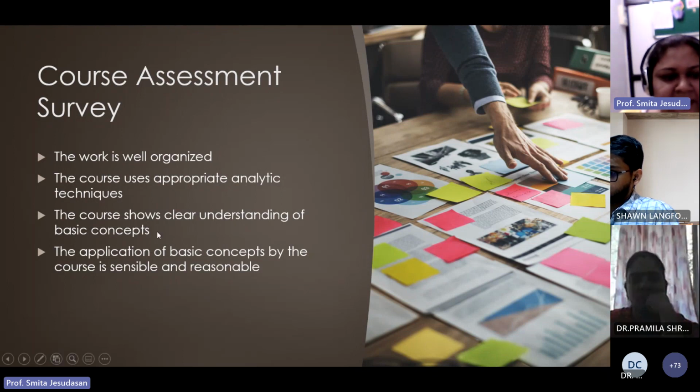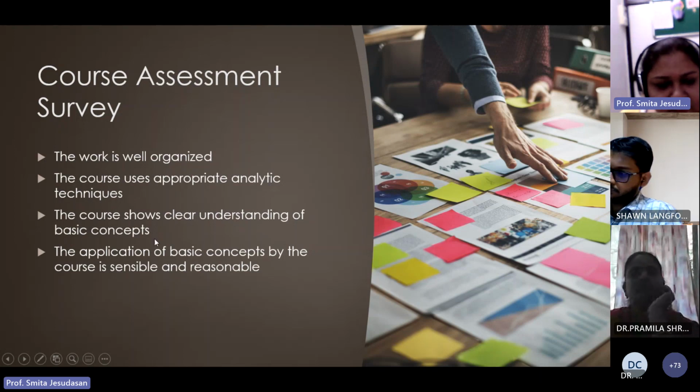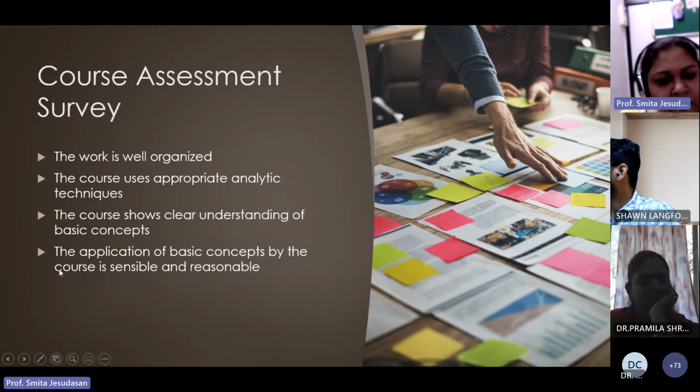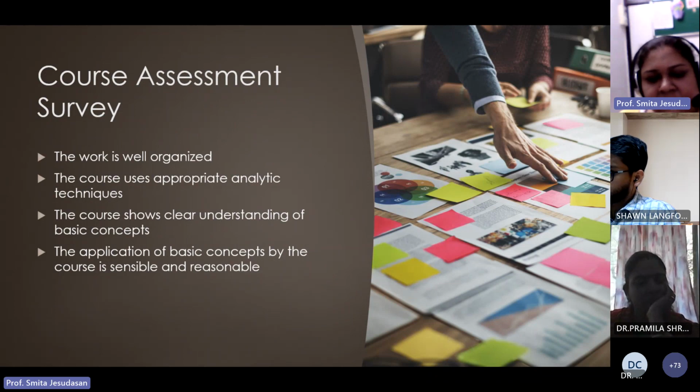For example, whether the course is well organized, whether the course uses appropriate analytical techniques, whether the course shows clear understanding of basic concepts, whether the course covered application of basic concepts, and whether the course was sensible and reasonable. So these can be different questions asked in the course assessment survey.